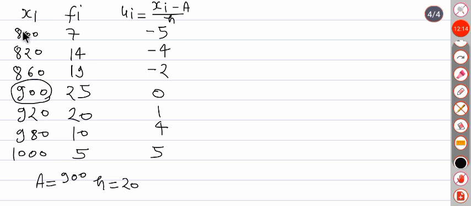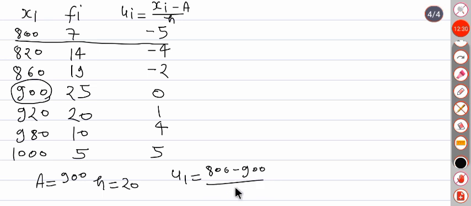First I show how 5 has come: u1 is calculated as 800 minus 900 upon 20, that is minus 100 upon 20, which is minus 5. In the same way you should try the others.